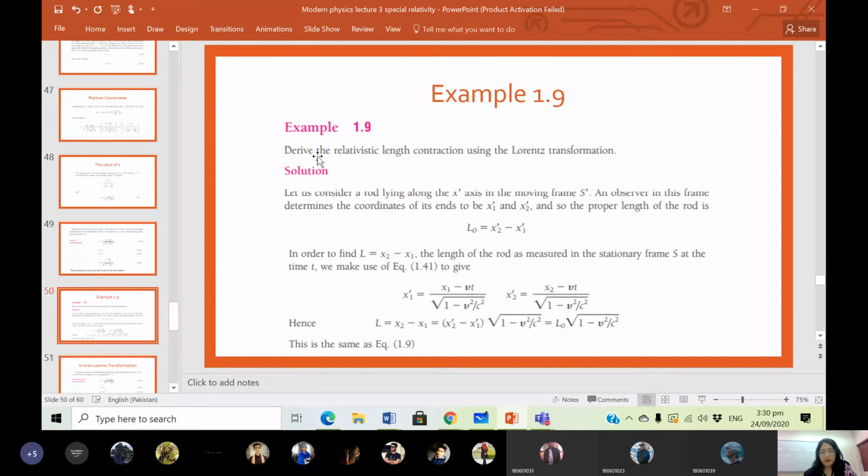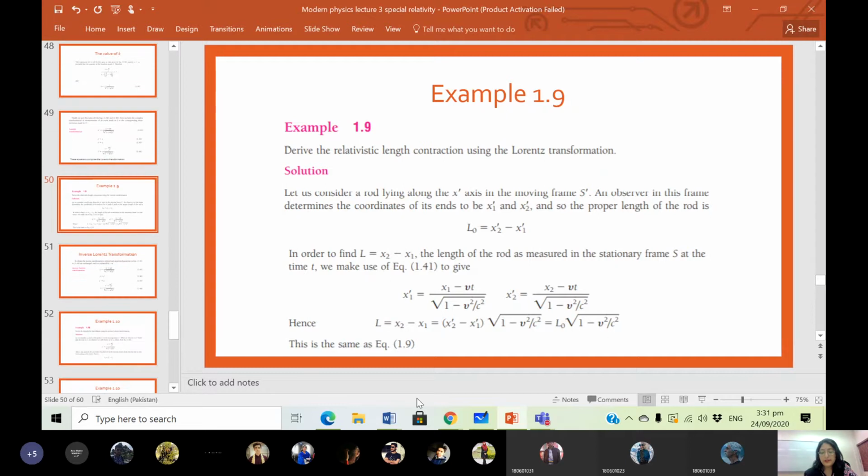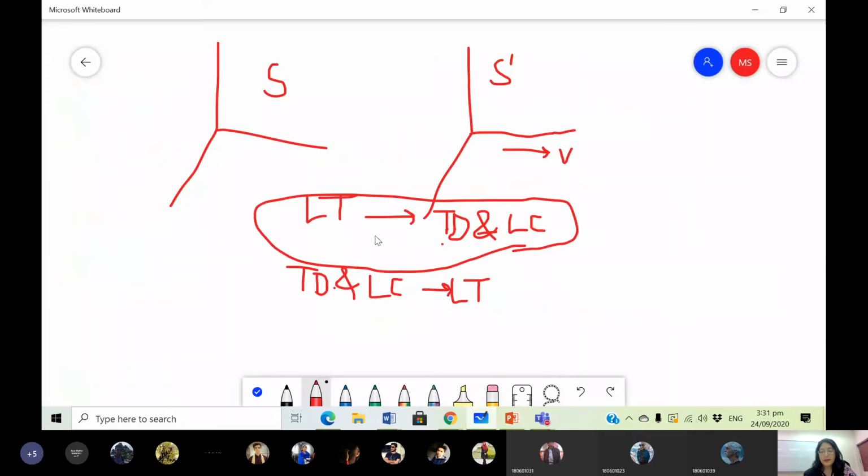Like I'm going to show you here, the example says derive the relativistic length contraction using the Lorentz transformation. We can solve this in two ways. Time dilation and length contraction can be obtained from the Lorentz transformation. You can do the reverse as well, using time dilation and length contraction to derive the Lorentz transformation. But I'm going to start with this one now.